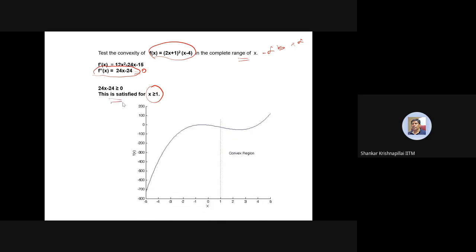It is looking like this. This is the convex region, x greater than or equal to 1. So this is the only minima. This side looks like concave. This is convex. Okay.